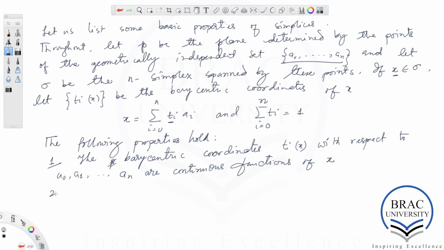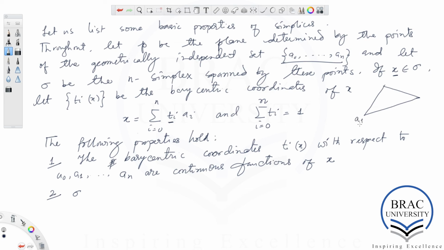Two, sigma. We have seen this earlier for the 2 simplex, so let me draw the picture again. Let us have this picture in the back of our mind while studying the general properties of an n simplex.